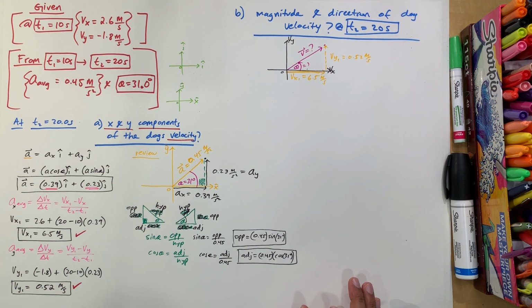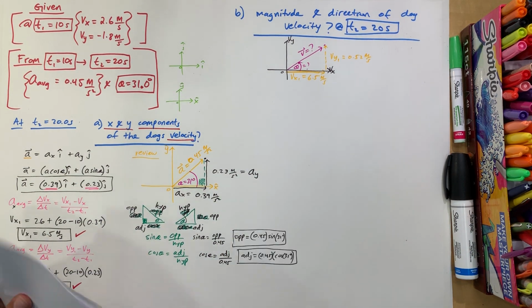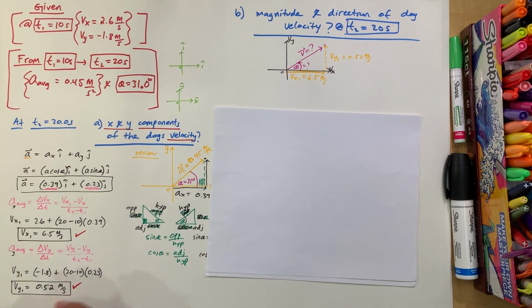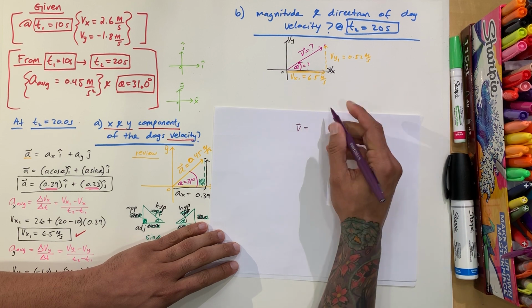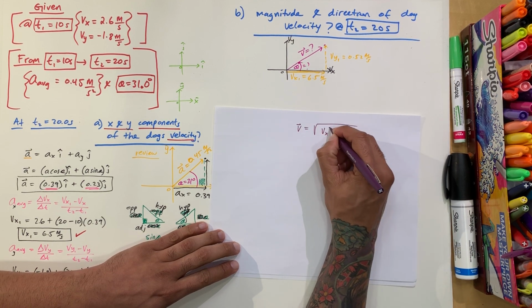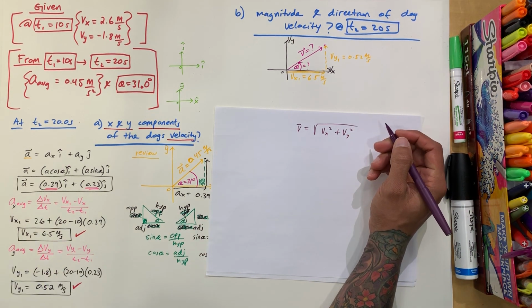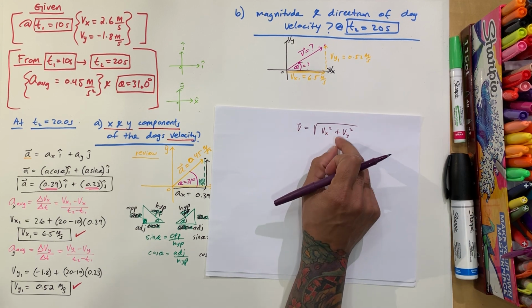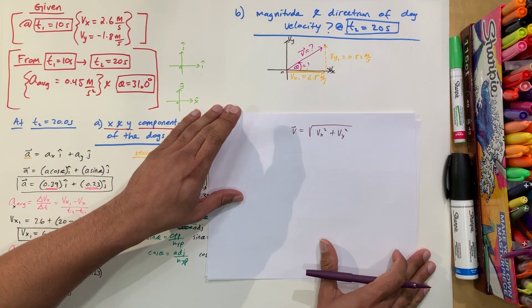To do that, we use the formula for magnitude. I'm going to do it again here so there's no confusion. Usually the magnitude is Vx squared plus Vy squared, and these two components squared and square rooted will give us this middle vector, which is the magnitude.